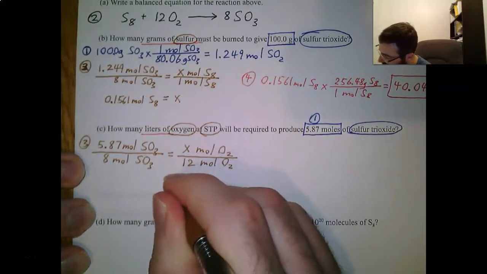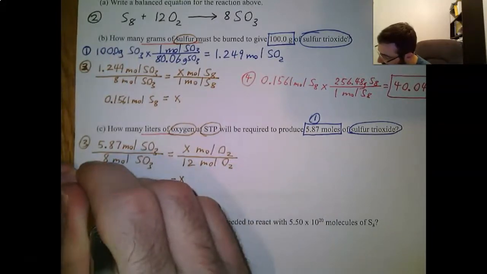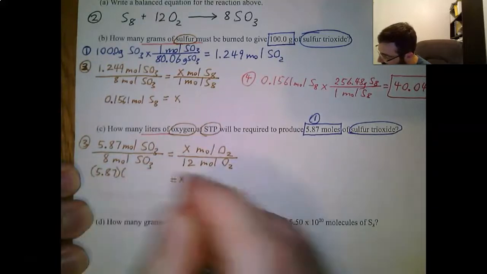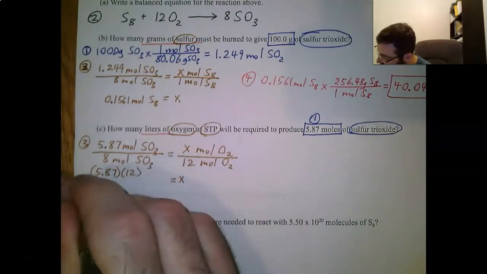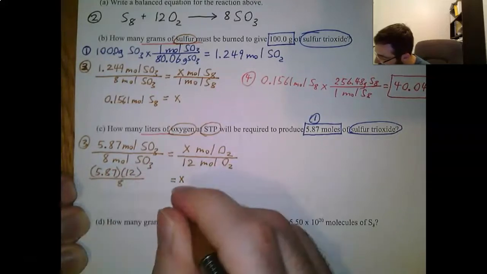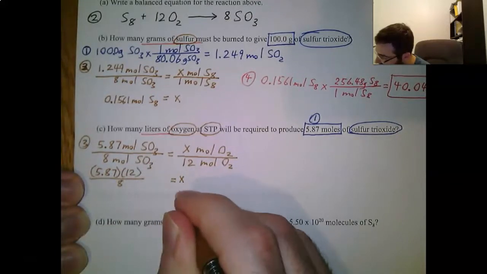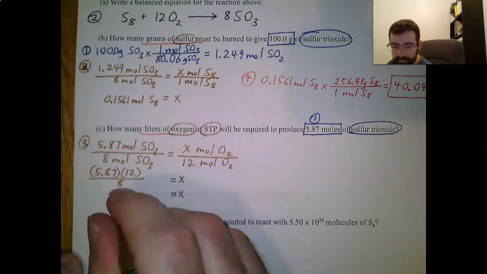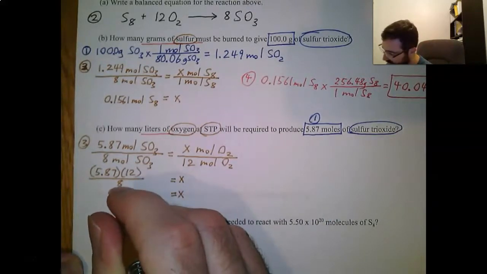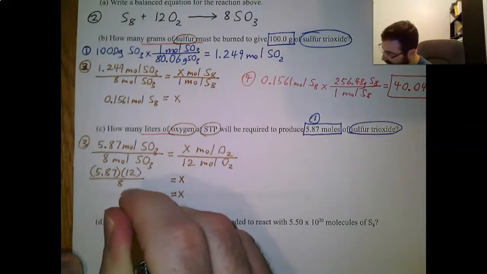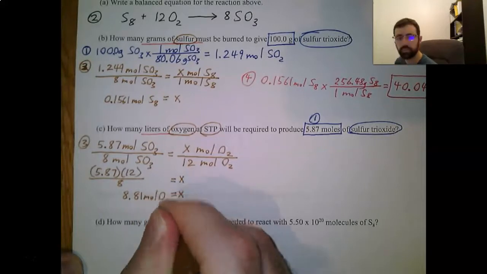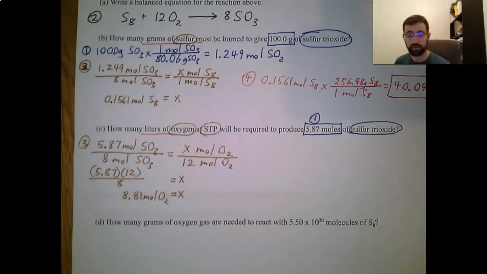X equals 5.87 times 12 over 8. Put that in a calculator, you're going to get 8.81 moles of O2. All right, so that was step 3.